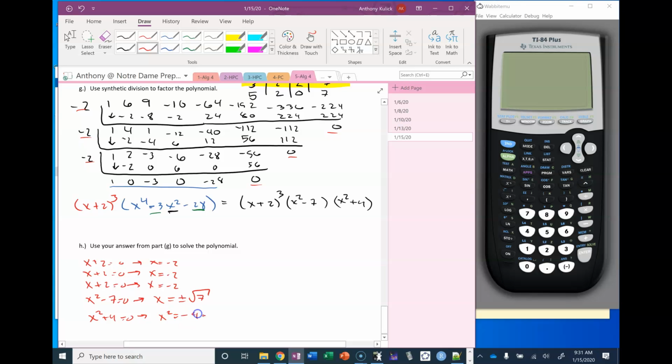If I subtract the 4 and then square root both sides, and then because I'm square rooting a negative there, I need to use an i. And the square root of 4 is just 2. So I have plus or minus 2i. So those are my 7 solutions then.